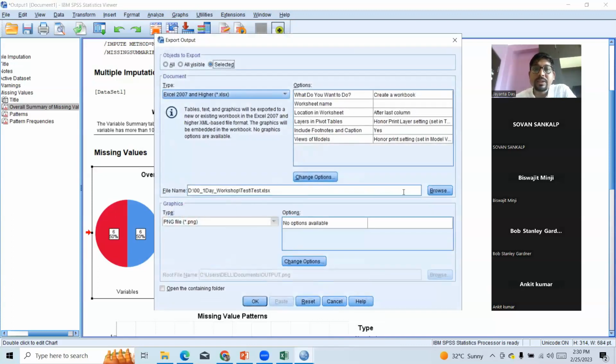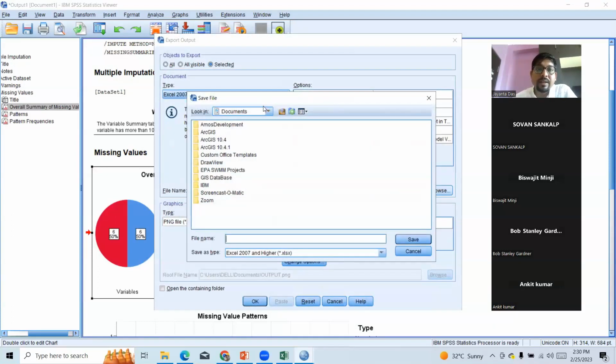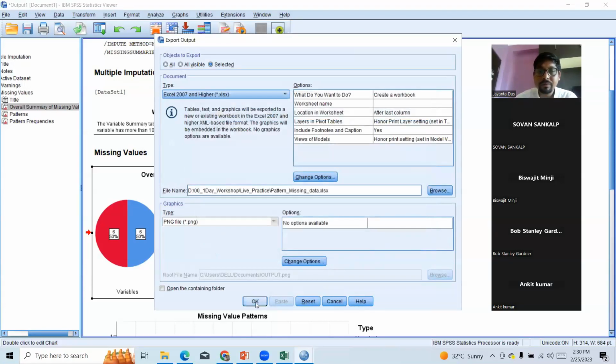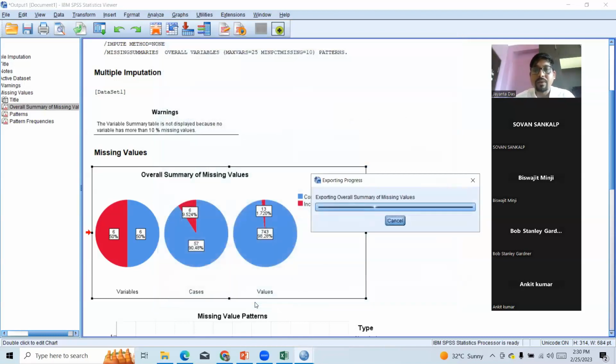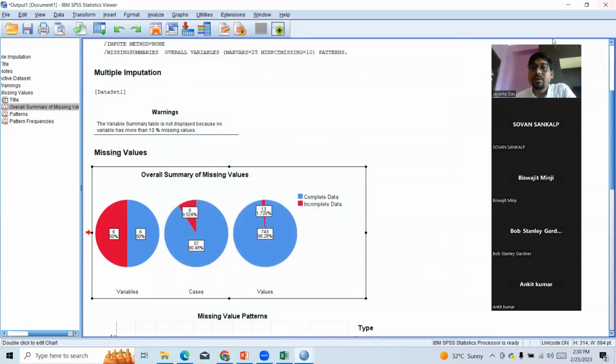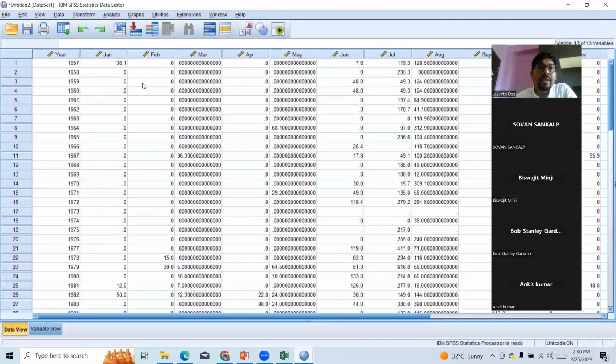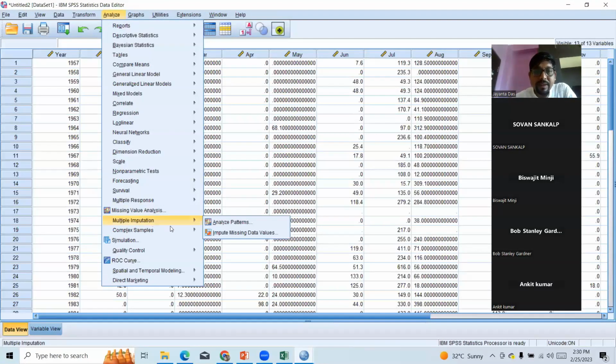I want to export it to Personal D, workshop live practice here, as Pattern, Missing data. Click OK. So now we can easily calculate missing data using the multiple imputation method.